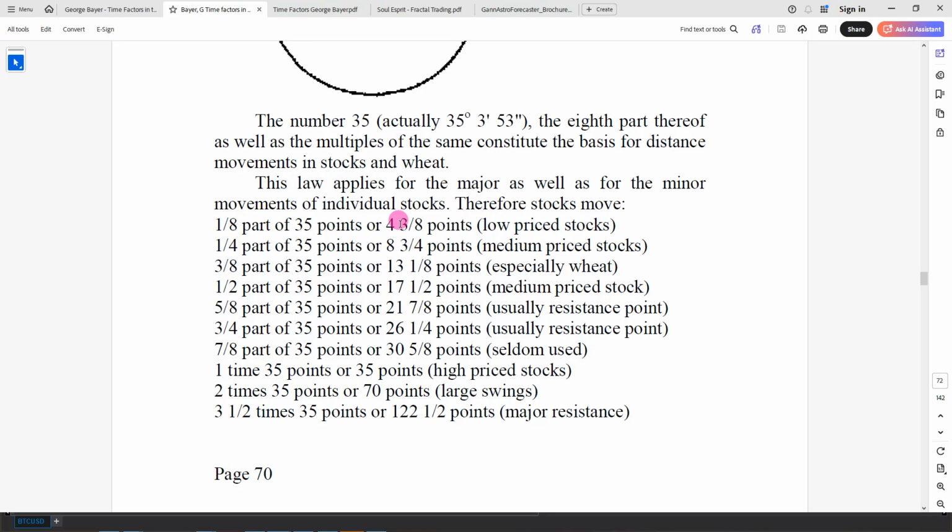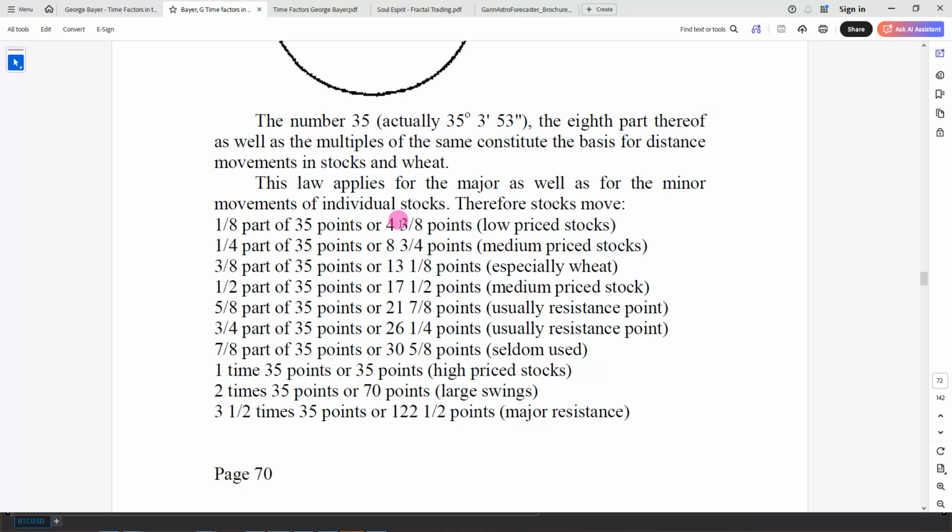So if we're looking at something like Bitcoin, we're going to be looking at numbers in the thousands or increments of 1,000. So in this case, instead of 35, we're going to be looking at 3,500, 35,000 even.